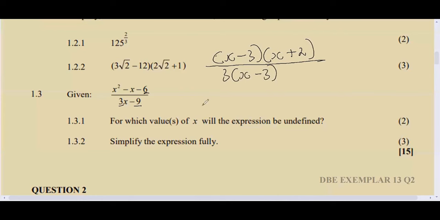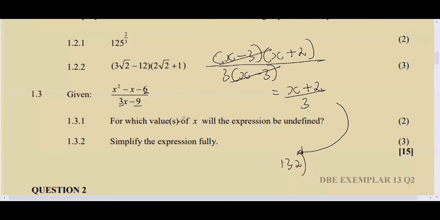So this is what I always say, always look out for that factor that will cancel out here. So you can see that x minus 3 can cancel out with x minus 3. So now you are left with x plus 2 over 3, right? Then in this question, so doing this, what was I doing? I was actually solving for 1.3.2, right? Because I just assumed that they will ask that question first.